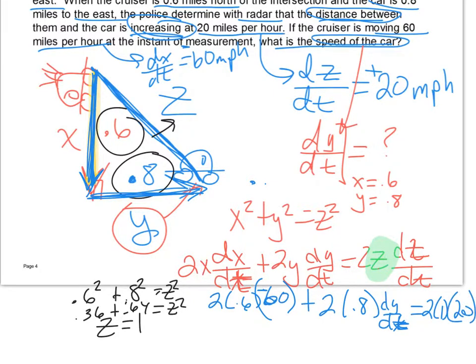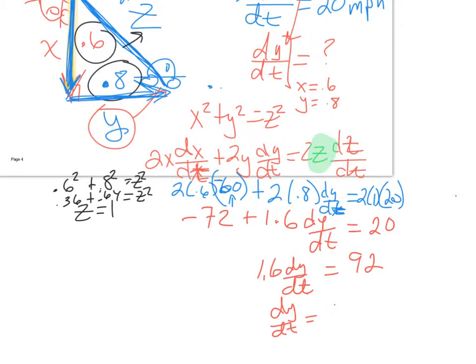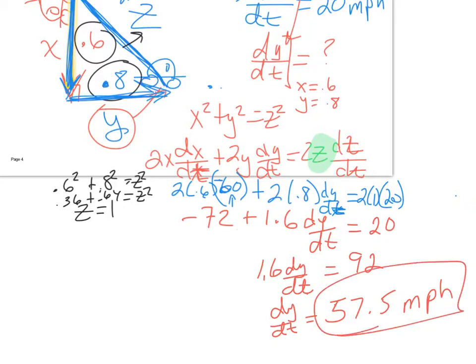It said right in the problem that that was increasing. The dx/dt, we had to think about. I want you to plug and chug and see if you can get that answer. Now that you've had a chance to try that, you can see my work, but I did get dy/dt equals 57.5 miles per hour. And there you have it.